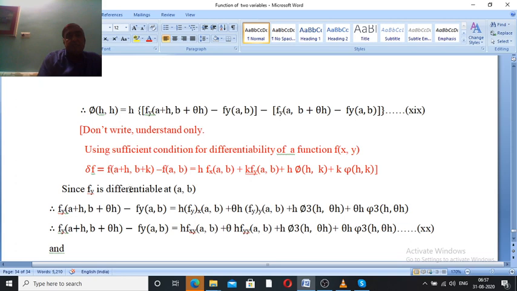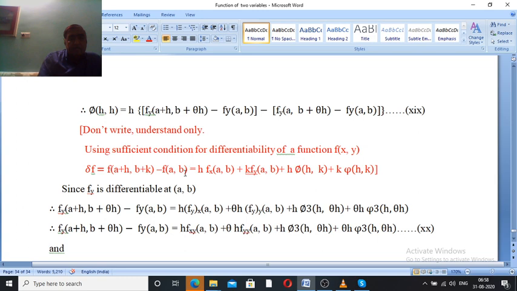Don't try to understand only. Using the sufficient condition for differentiability of a function f(x, y), if the function fy is differentiable, then this difference is equal to, here the value of h is h, but the value of k is theta h.